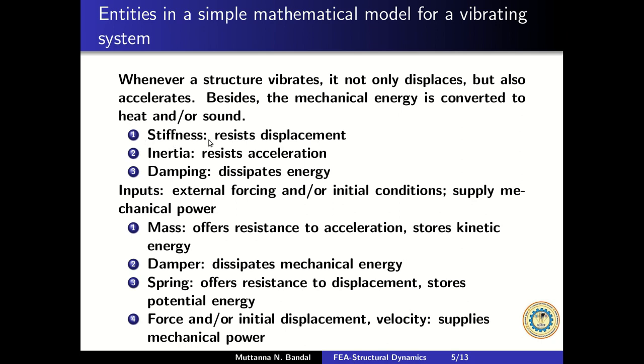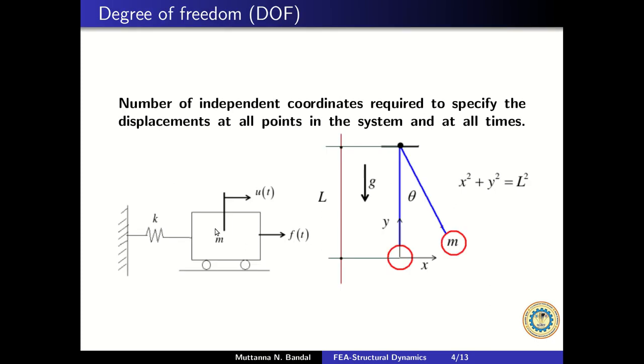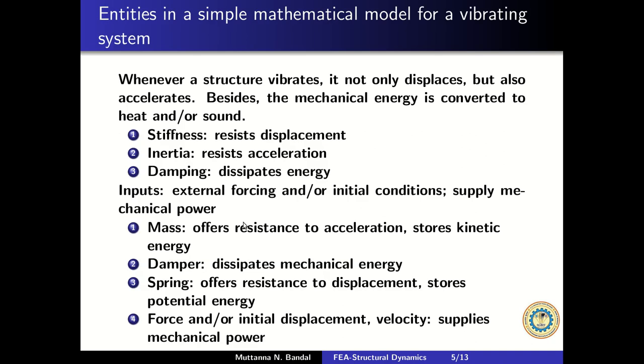So stiffness resists the displacement, and inertia resists the acceleration. The mass will resist the motion, or it resists the displacement here in this case. That gives rise to the inertia part.